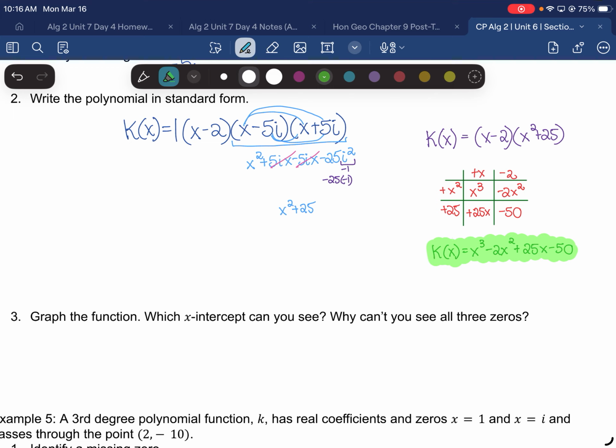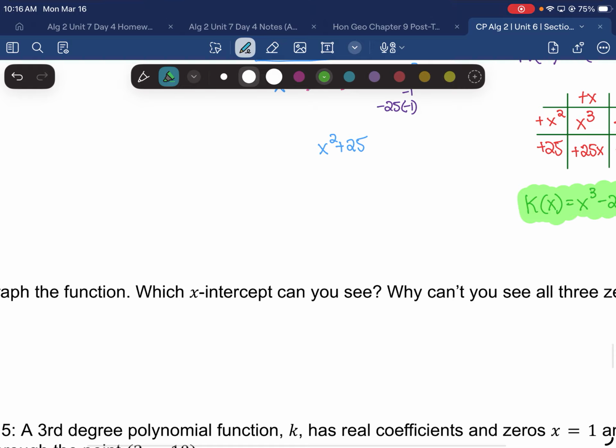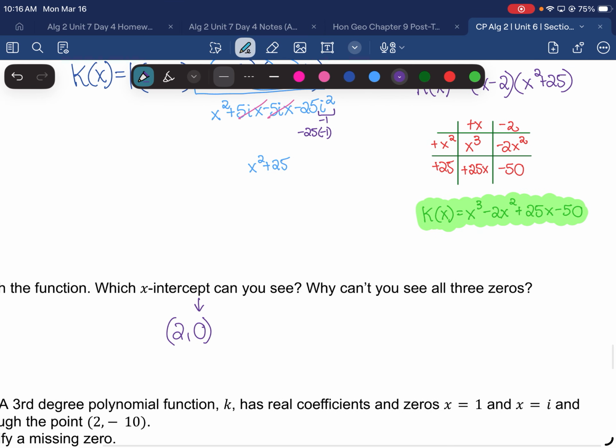Which x-intercept can you see? Just 2, 0, right? There's no other x-intercepts, right, Lily?